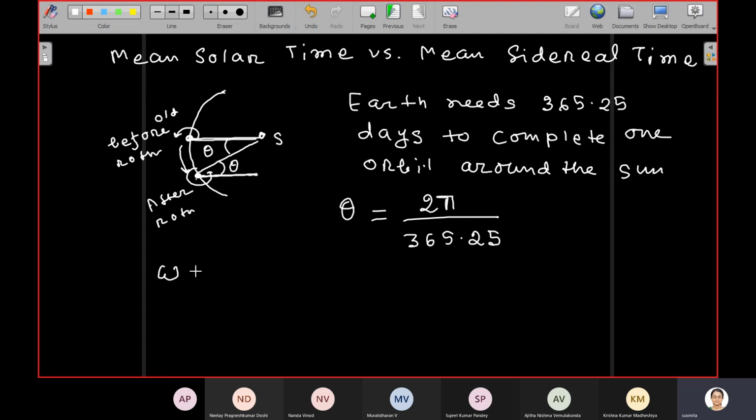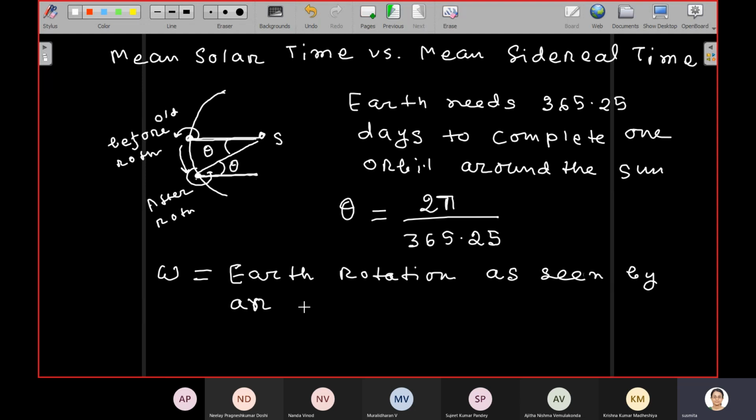Now let's say omega is the earth rotation rate as seen by an observer on a distant star with respect to inertial space.